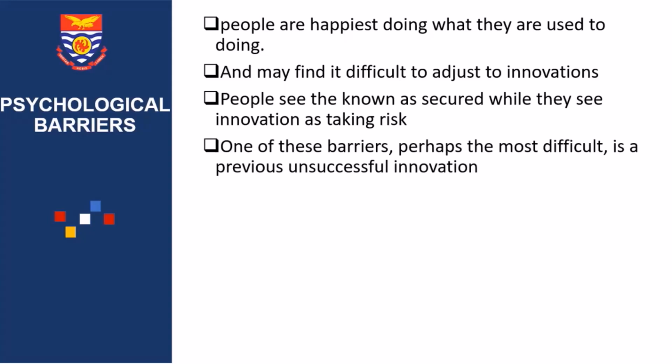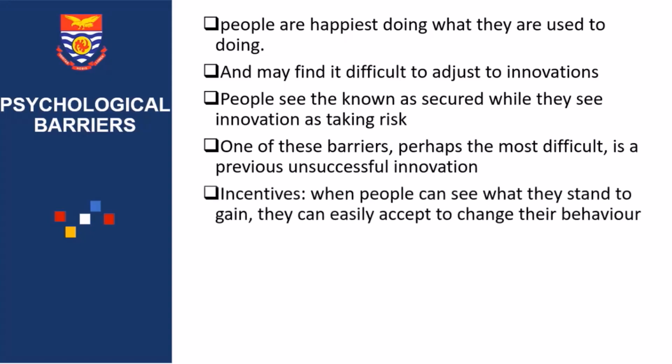One of these barriers, perhaps the most difficult, is the previous unsuccessful innovation. If probably a country has tried it and it has not been successful, it serves as a barrier, and other countries trying the same innovation may use those who have failed as examples, and that may create fear in the system.